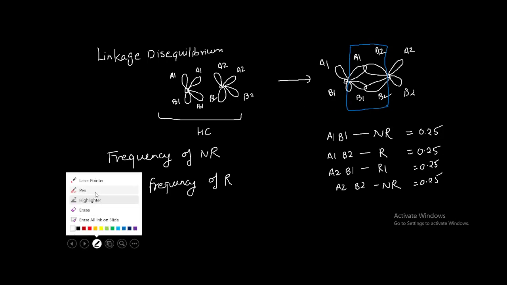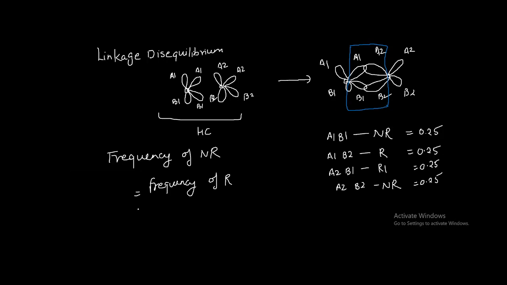So let me write this point. It's an important point. If genes are located near to each other, they are linked. If they are located near to each other, then they are considered linked genes.